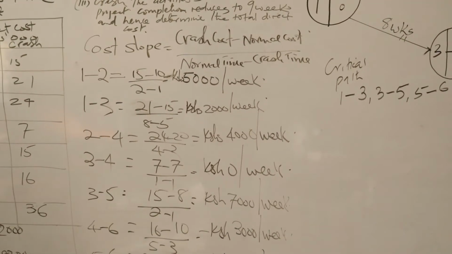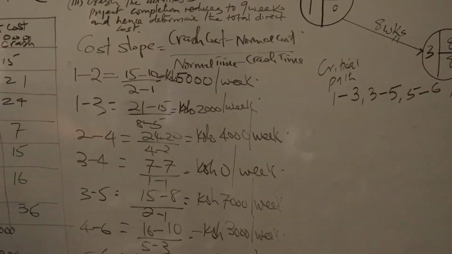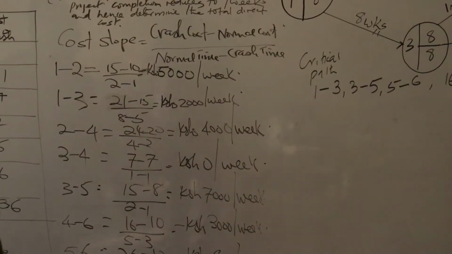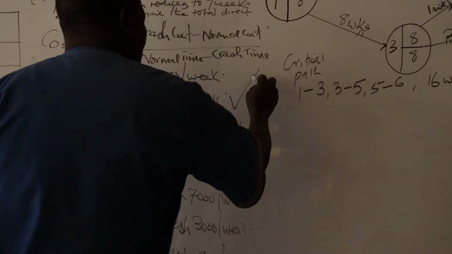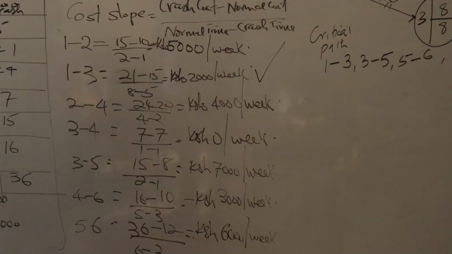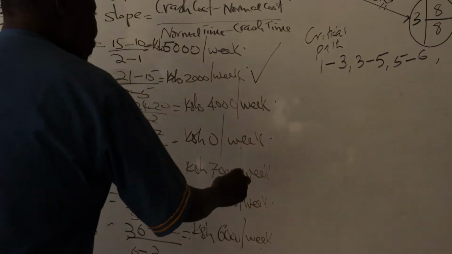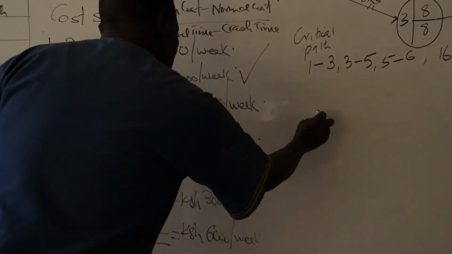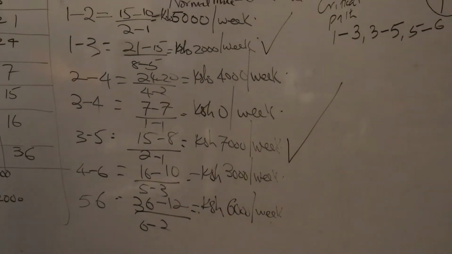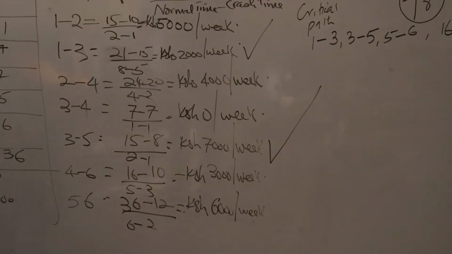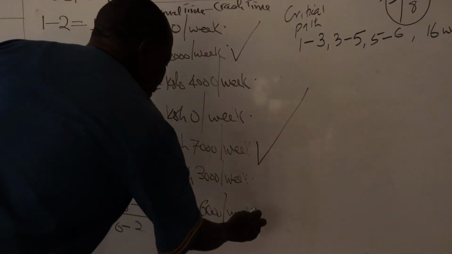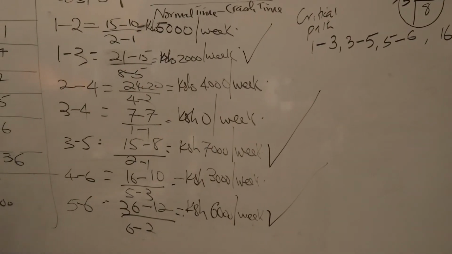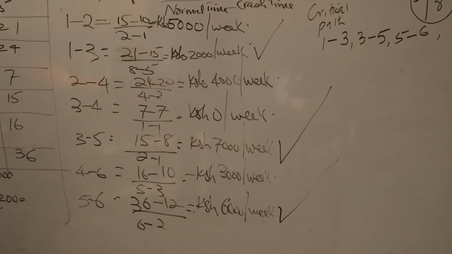First of all, the activities existing along the critical path: 1 to 3 is along the critical path, 3 to 5 is also along the critical path, then 5 to 6 is also along the critical path.